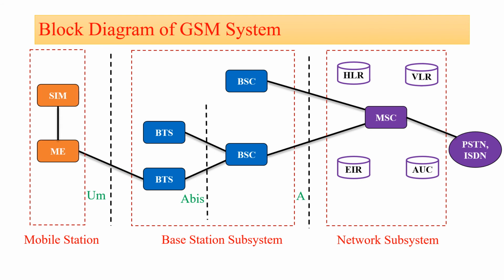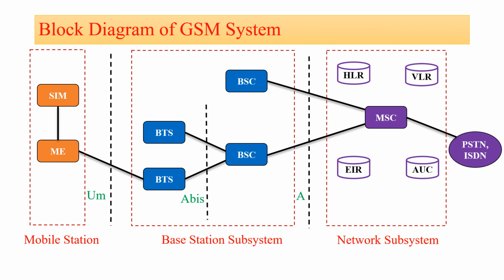Then the VLR. Now what is VLR? VLR stands for the visitor location register. VLR is the temporary database software similar to the HLR, identifying the mobile subscriber visiting inside the coverage area of the mobile switching center, that is MSC.